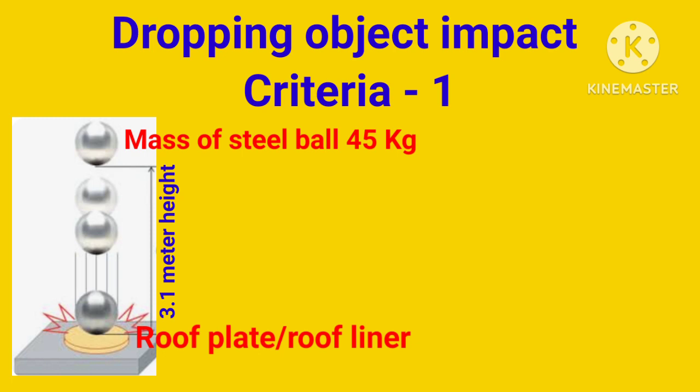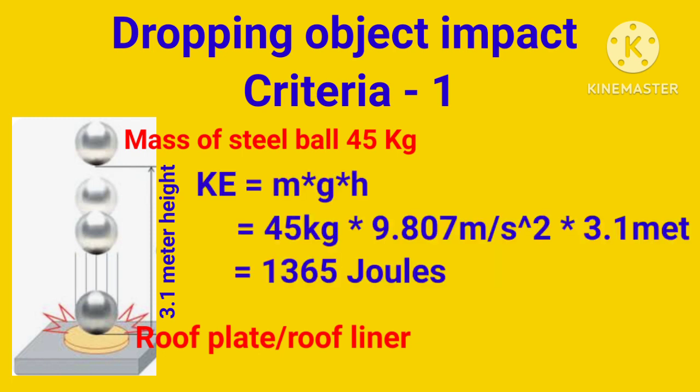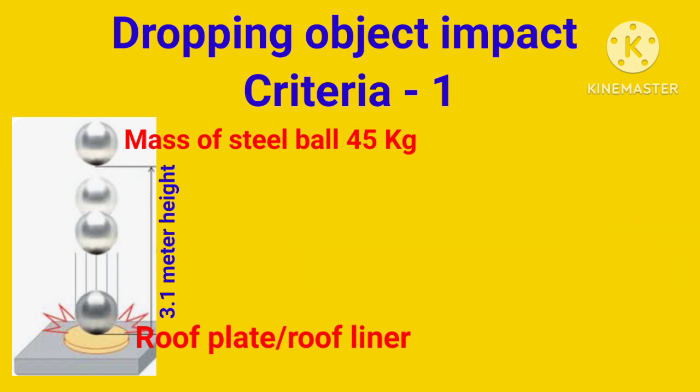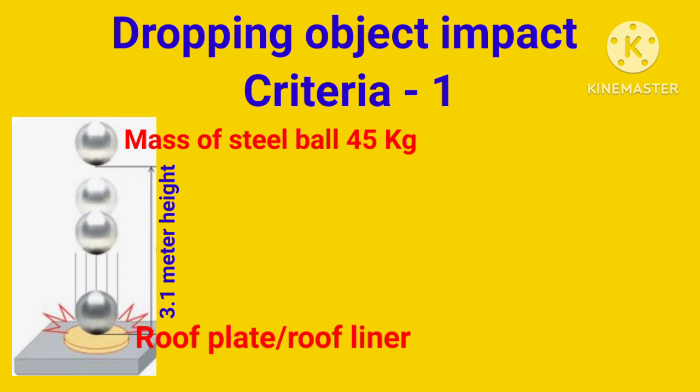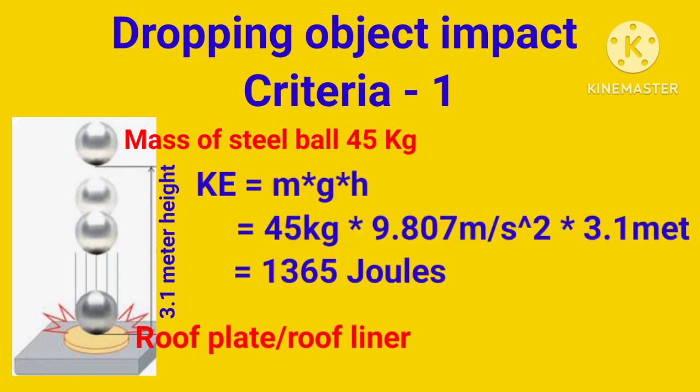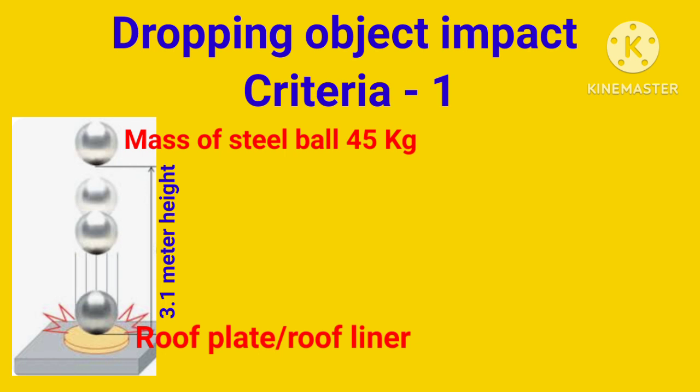As per the regulation, the height is 3.1 meters, sufficient to develop an energy of 1365 joules, or 1365 joules Newton per meter. So this criterion we are considering according to the standard.